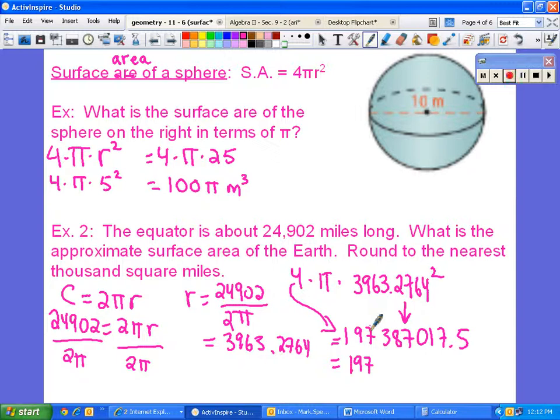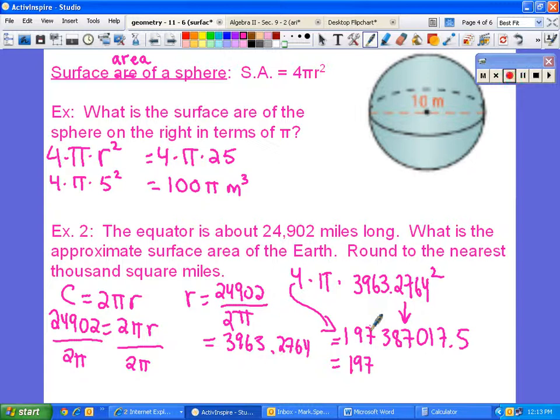To me, that's going to be an important part of this question, being able to round. It's not a number that we're used to rounding to. My question is, how many zeros, or how many places should I replace with zeros? In fact, what should be the last number in this answer before the zeros? 3 zeros, that's right.